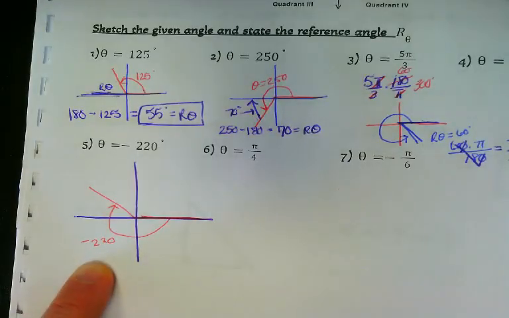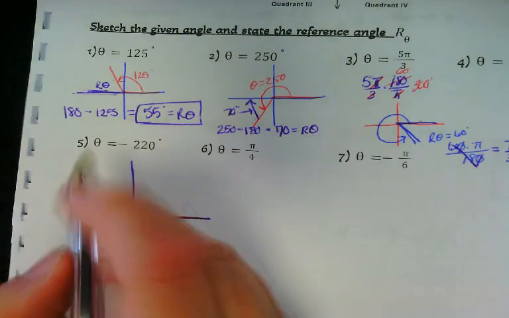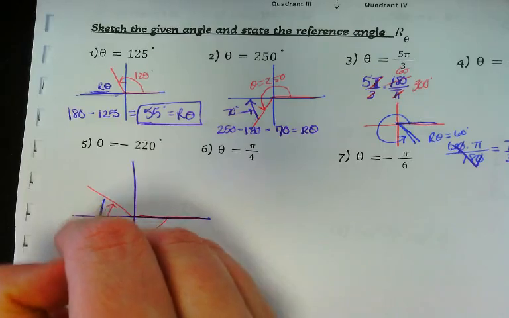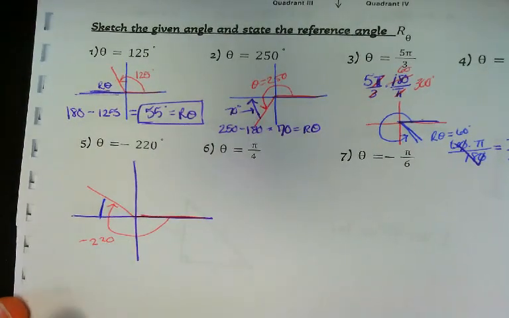And why can't that be my reference angle? It's not what? It's not positive first, and it's not acute. Both of them, right? It fails both. All right, so I still need the distance to the x-axis. Would you still agree that's this section here? All right, how am I going to get the difference from here to here?